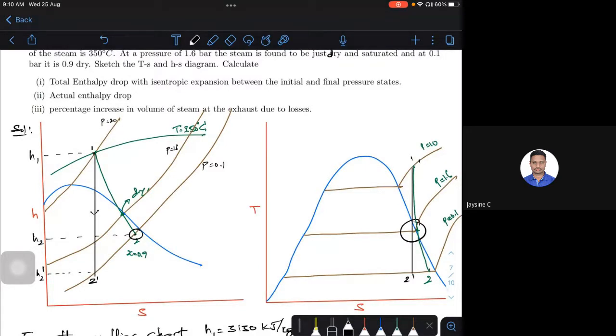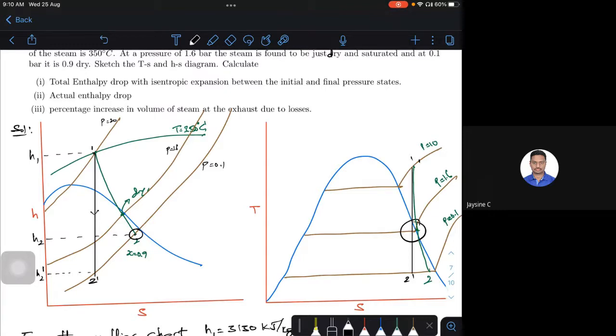We all know that as the steam expands, the specific volumes are going to change. Now, the specific volume at point 2 and at 2 dash are different slightly. So the specific volume at 2 dash will be slightly higher than the specific volume at 2.